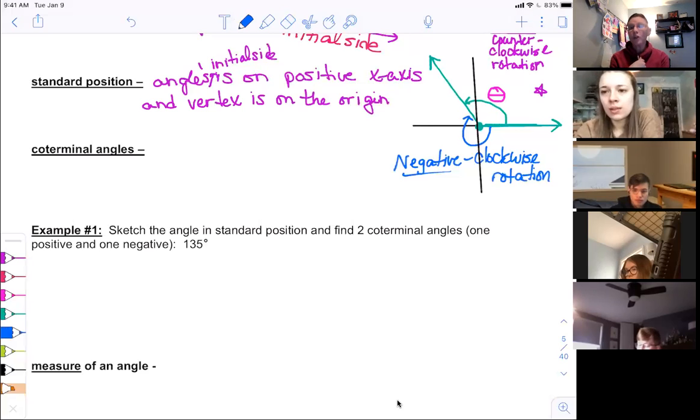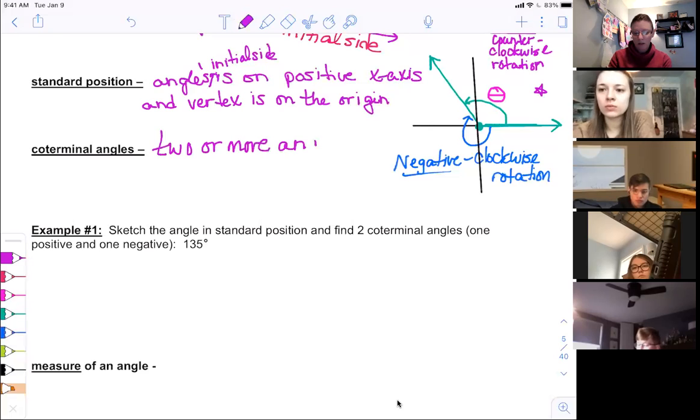So coterminal angles are two or more angles that begin and end in the same place. So they share the same initial and terminal sides.